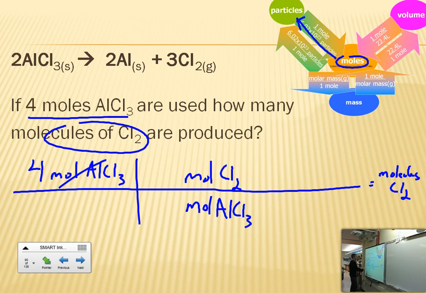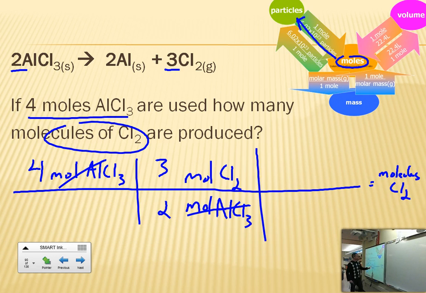Okay? So these would cancel, and now I got to go to my equation and see what that ratio is. So it looks like there's 3 of these for 2 of those. Plug in your numbers. You can do it now, you can do it later. I'm just going to do it now since we're talking about it. So there's 3 and 2. Okay? And notice if I look at my units, that's the key, is always keeping those units. I've got moles of chlorine.